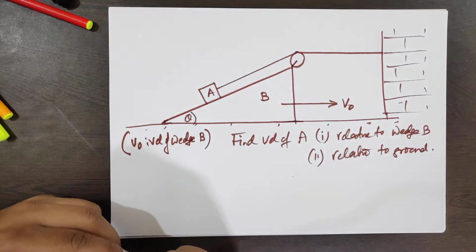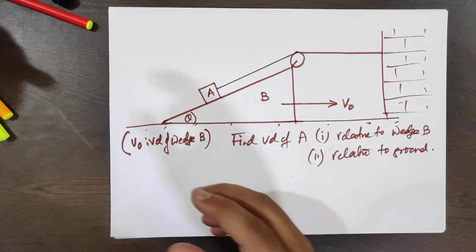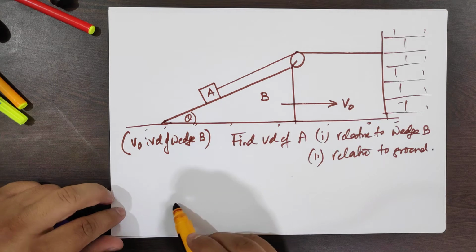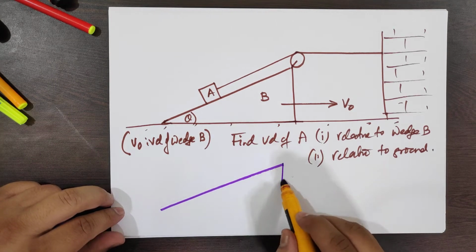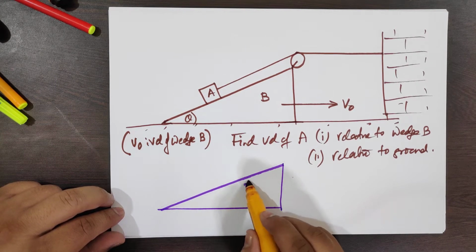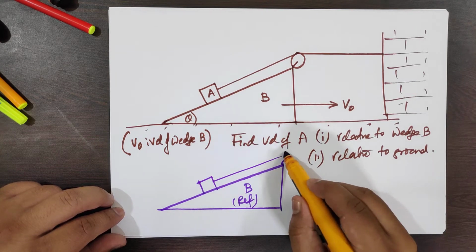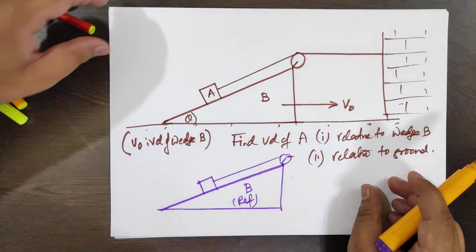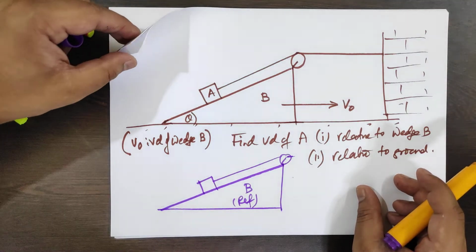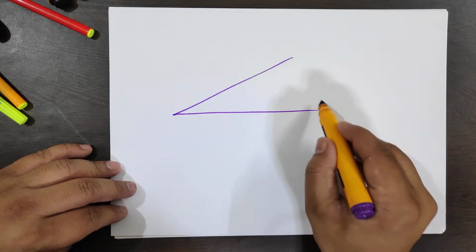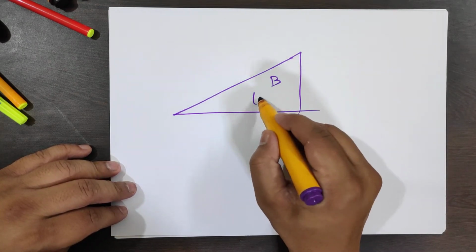Okay. So the technique to solve this problem is like this. You can observe from the wedge, right? So make this wedge B as a reference. I'll do in next page. So if you make wedge B as a reference, right?